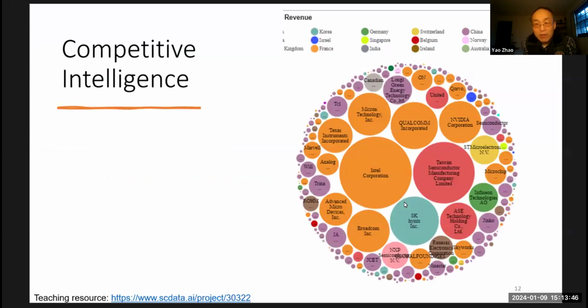Investors and venture capitalists, of course, use competitive intelligence for investment research, company evaluation, and to discover new business opportunities. I would say this module is equally useful for supply chain professionals because operations and supply chain professionals can use competitive intelligence to discover problems and identify causes.